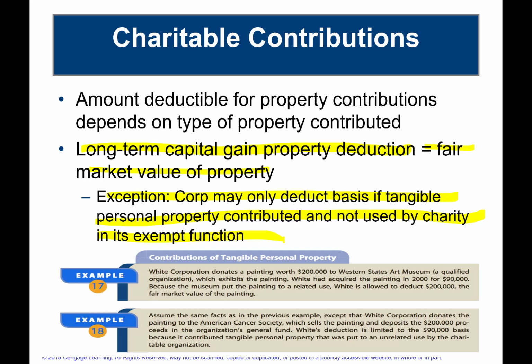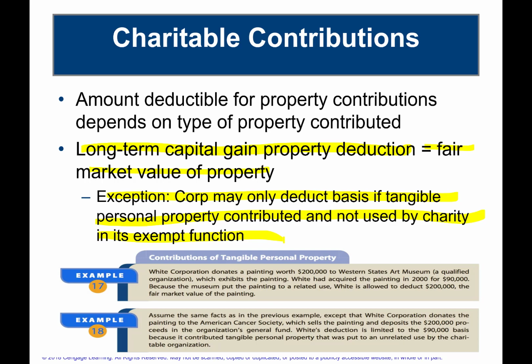So in these two examples, they donated a painting to a museum and the museum hung the painting. Are they using it in their charitable designation? Yeah, they're a museum, they're hanging paintings, right? So it makes sense. So I would be able to use fair value in that case. If the charity, the museum, takes the painting and sells the painting for cash, they're not going to be hanging the cash on the wall. So that's not what?